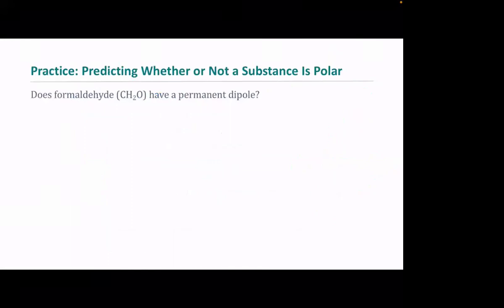Okay. Predicting whether or not a substance is polar. Does formaldehyde have a permanent dipole? Well, do the Lewis structure. We've done this one, actually. We beat this one to death. Lewis structure is pretty straightforward.